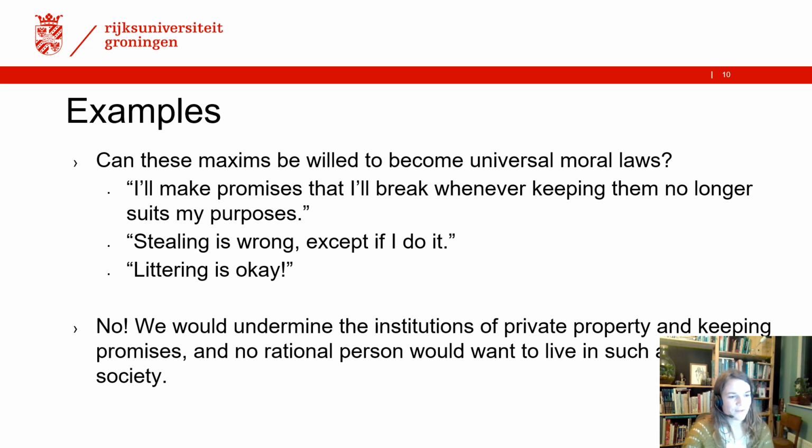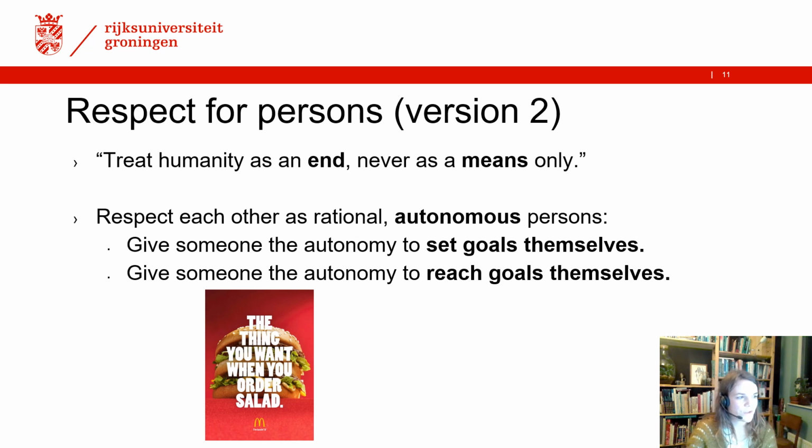Let's go to the second version of the categorical imperative, and that's the respect for persons version. This second version is also called the autonomy principle, and that tells us that we should treat humanity as an end and never only as a means.